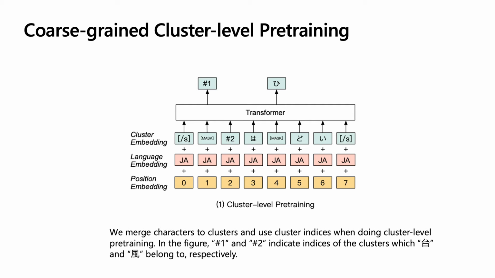In this figure, #1 and #2 indicate indices of the clusters which Tai and the phone belong to, respectively. So it's like a masked language model objective, but we are trying to predict the classes instead of the original characters.